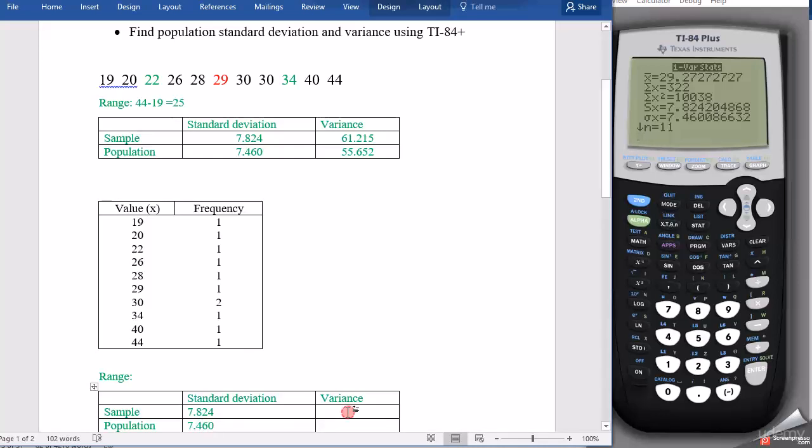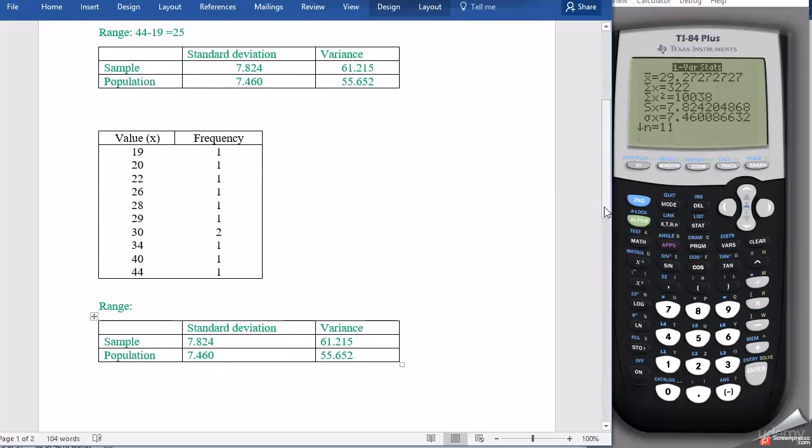The variance will be the same because the standard deviations are the same. So we have 61.215, and then we have the variance of the population, 55.652. So that is how we compute the standard deviation and variance for a table with frequency.